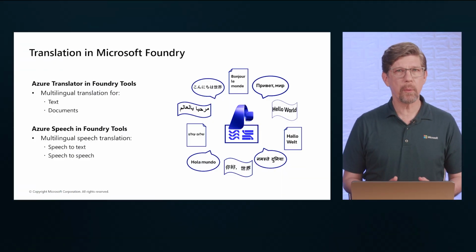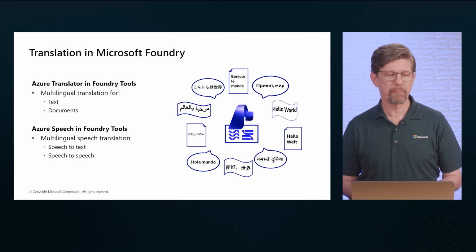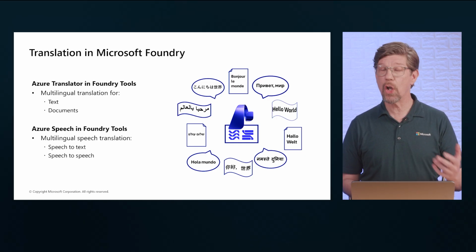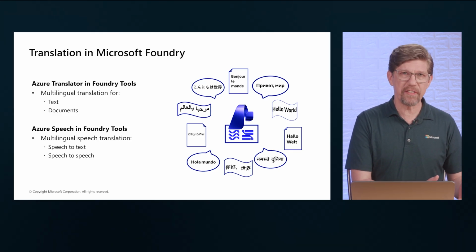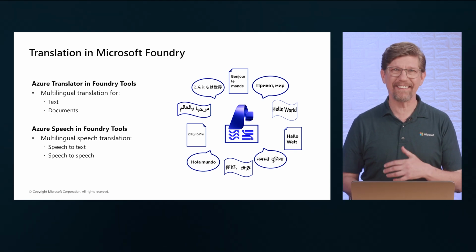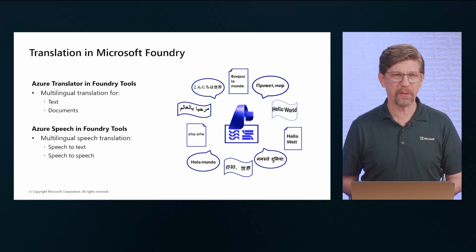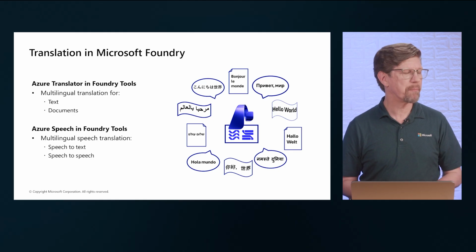There are a number of ways of doing translation in Microsoft Foundry. Many of you who know large language models are aware that generative AI is capable of doing translation. As a matter of fact, in the origin story of generative AI, translation was its initial purpose, and we found out it could do much more than that.